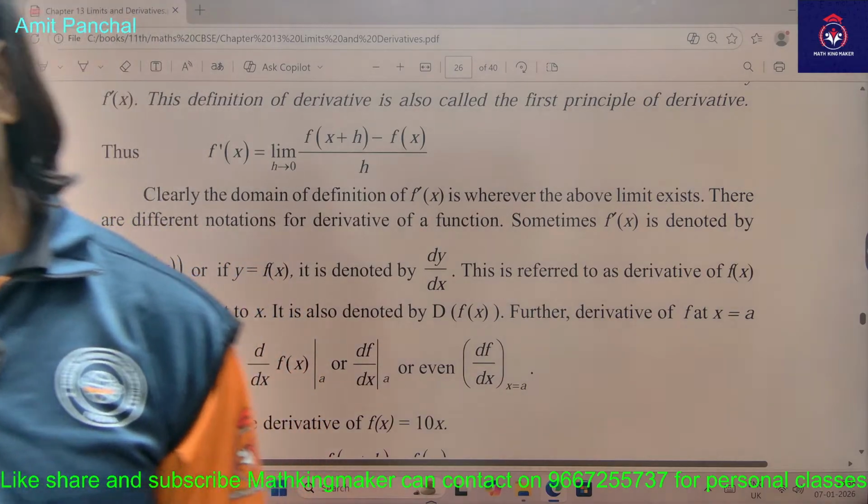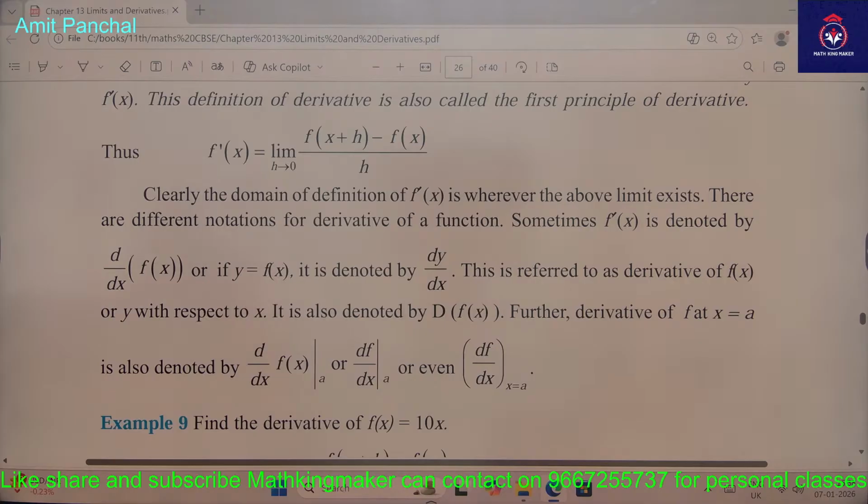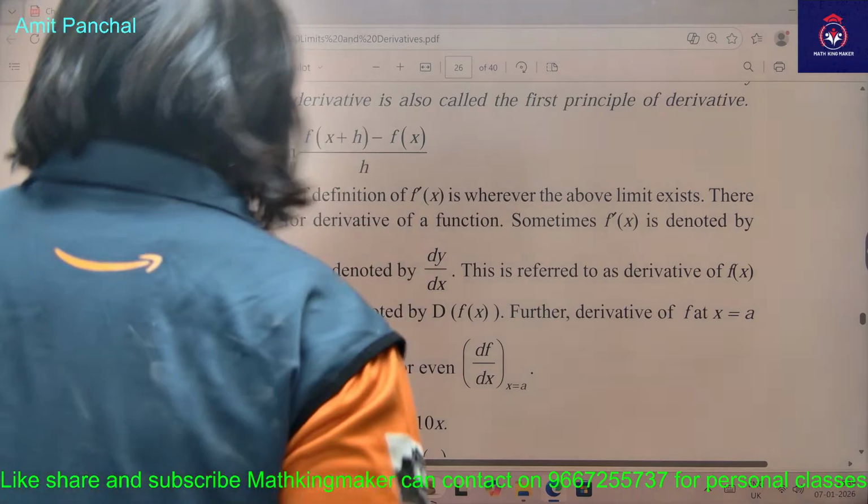Now it's not about a particular point. So is it 10? Yeah, it will be 10. Okay.